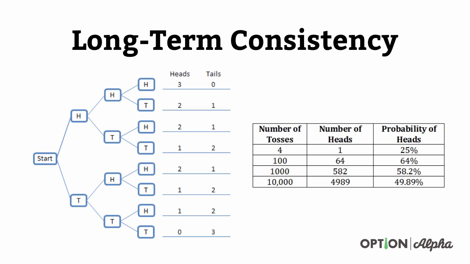Let's use a quick example of a coin toss. We always use this example in a lot of the coaching and webinars that we do, but it's so critically important. If you start flipping a coin, we know that there's a 50-50 chance of it being on heads or tails. But if you start flipping that coin the first time and you got a heads, then we know the next flip has a 50-50 chance of being heads or tails.